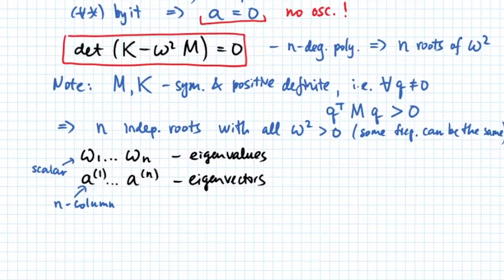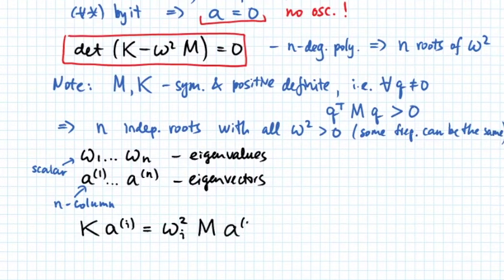In other words, we have that matrix K times eigenvector Ai will be equal to eigenvalue omega i squared times matrix M times the eigenvector Ai.